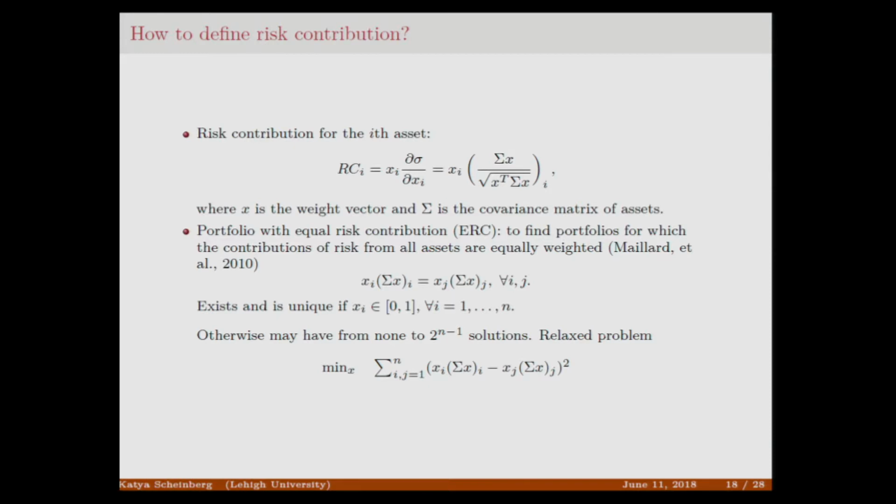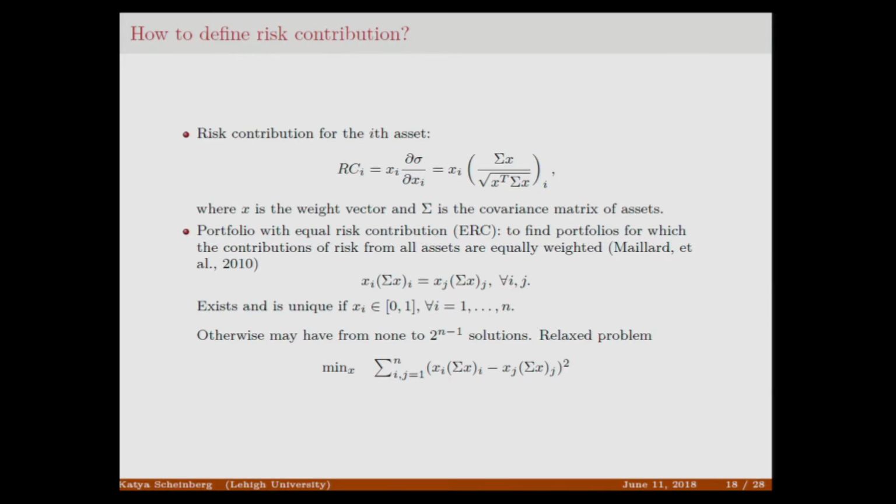If sigma is your covariance matrix and x is the vector of investments in the portfolio, then the individual risk contribution is how much you invested in a particular asset, x_i, times its risk contribution, which is this.